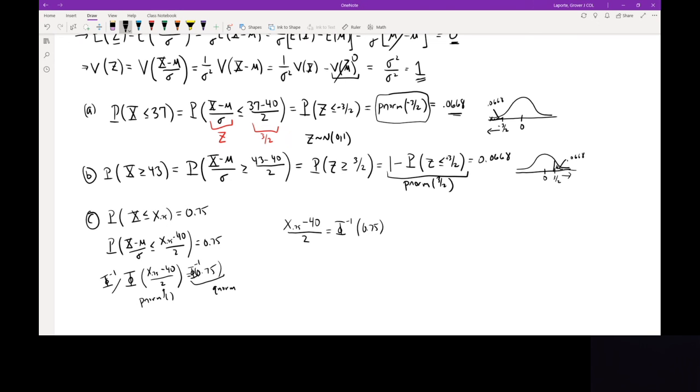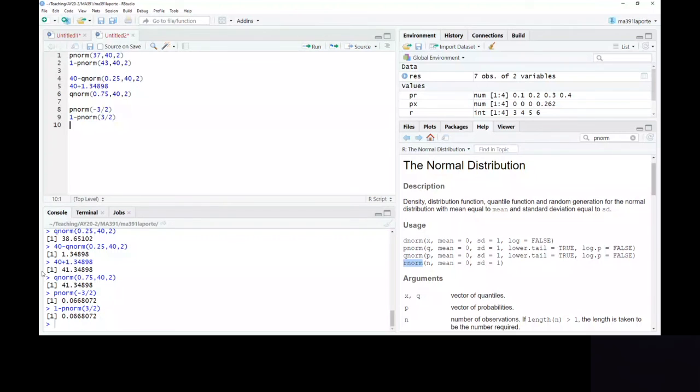So let's go ahead, Q norm, and I don't have to put the parameters in there. I can just put 0.75 in, and we can find out what that is, and we'll come back and solve for it. Okay, so let's do that one. Go into R. So Q norm of 0.75. We'll enter.